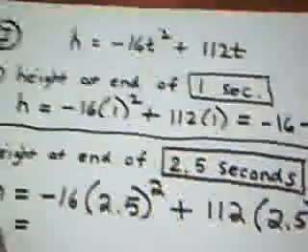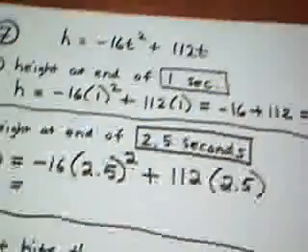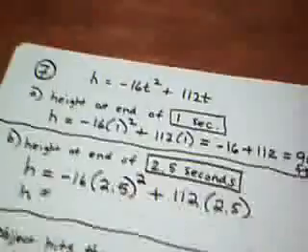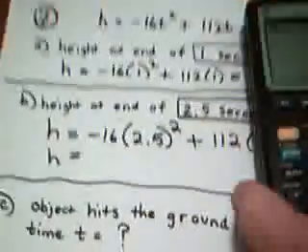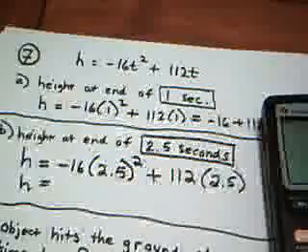Okay, this is definitely going to be calculator time for me. I don't feel like doing all that by hand. So I'm going to pull out my graphing calculator. Of course, in 1033, you're not required to have that, but I'm going to use mine. We're going to have the opposite of 16, parens, 2.5 squared.